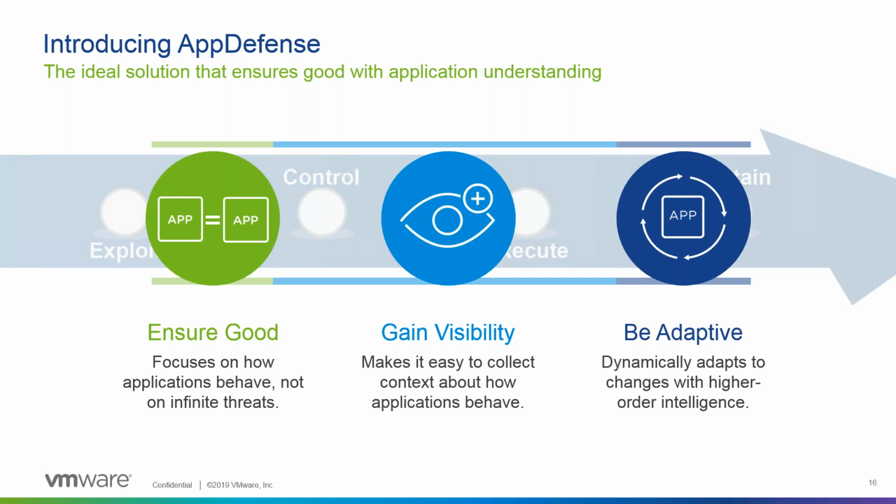So unlike your traditional solutions for securing applications and VMs and cloud workloads that are signature-based, where they're trying to identify those threats, AppDefense flips that to validate how applications should behave and then monitor for deviations from that known good state. And I'll talk a little bit more about how that works in the coming slide.